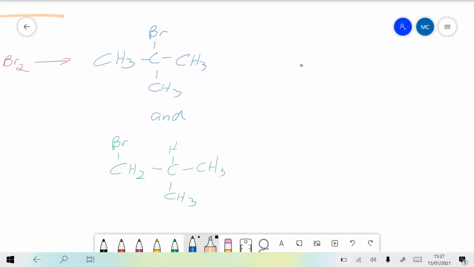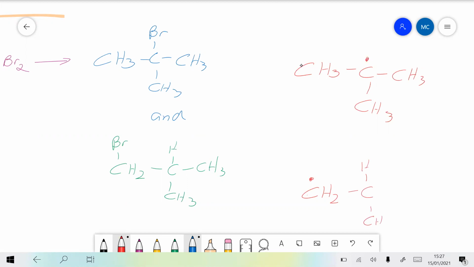So let's figure out and speak about the intermediate. What radical is formed to form either the lower or the upper one? When you have the upper one, you will have that radical being formed, where you have the lower one, you will have this radical being formed.